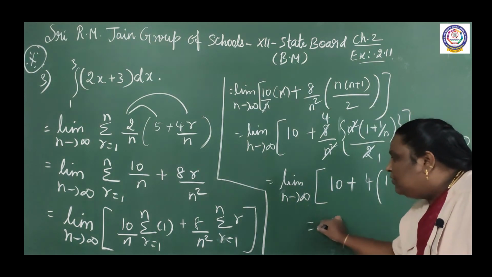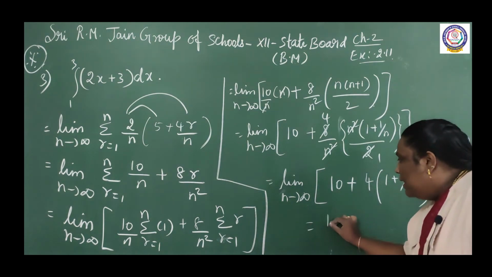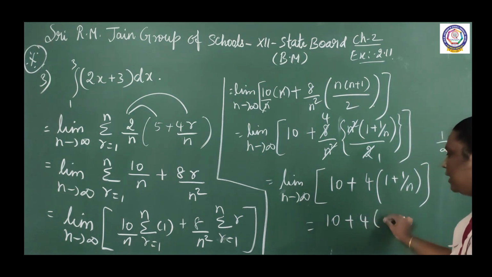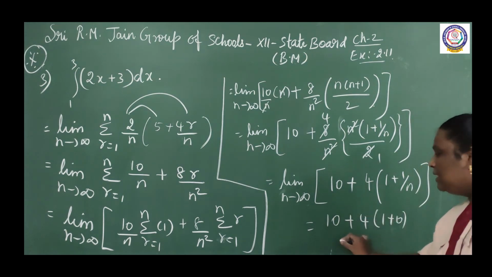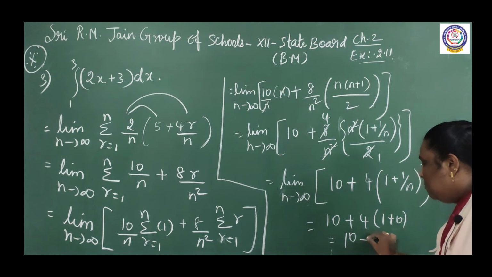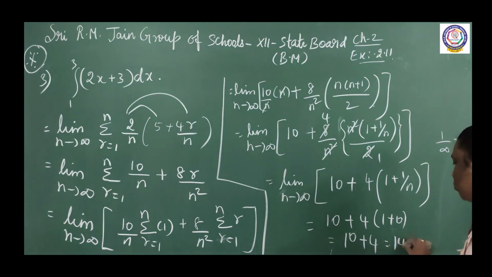So what is the final value for this? 10 plus 4 into 1 plus 0, it gives 10 plus 4, the value is equal to what? 14. So integral 1 to 3, 2x plus 3 dx, the value is equal to 14.